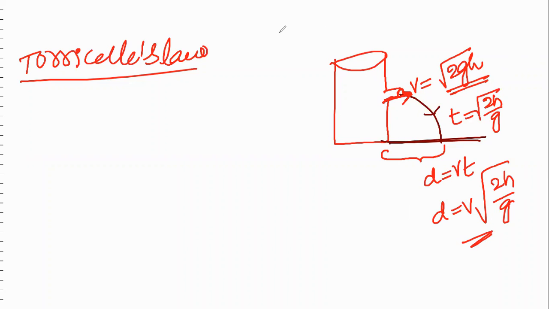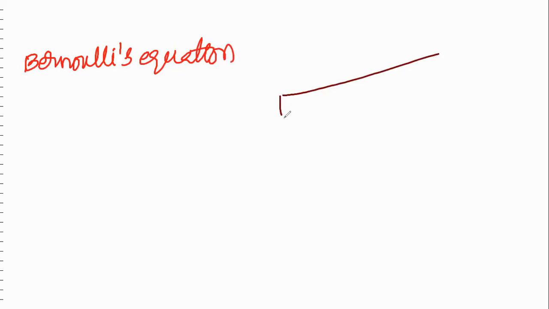And Bernoulli's equation, or Bernoulli's theorem, also we will say. It states that for different areas of cross section of the pipes we have taken, these are at different heights from the ground.